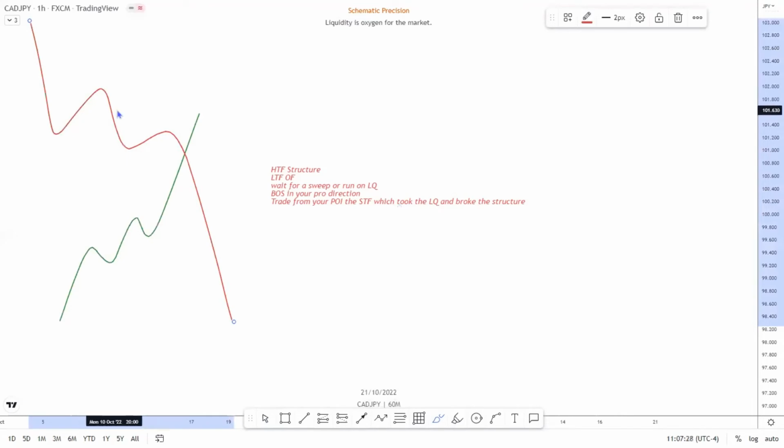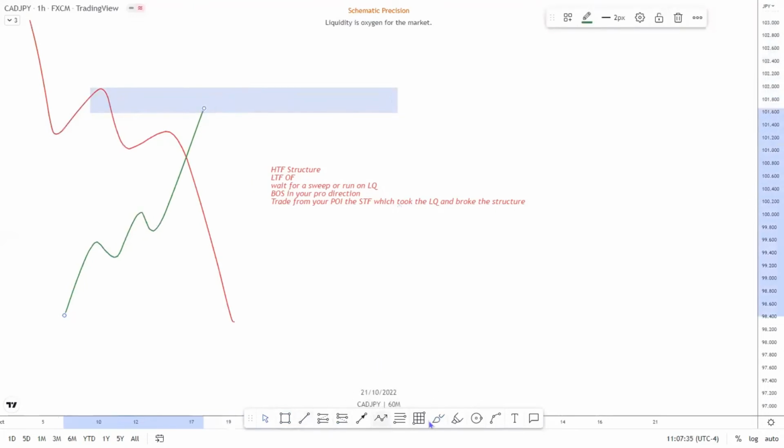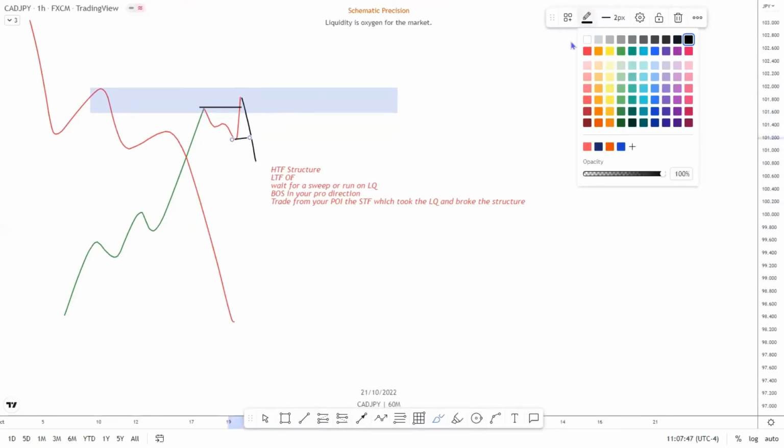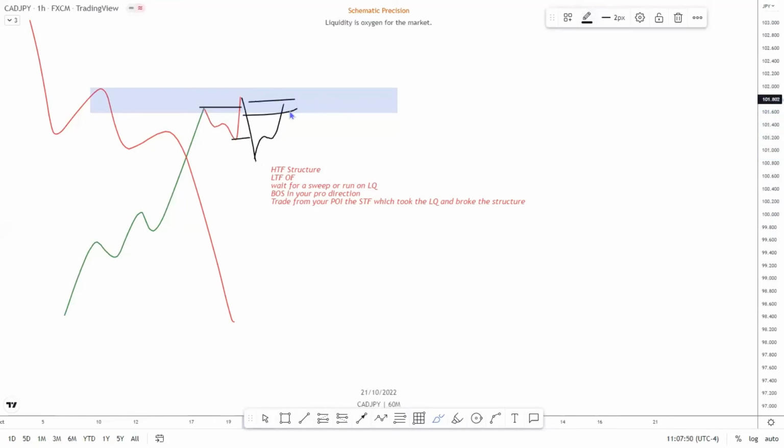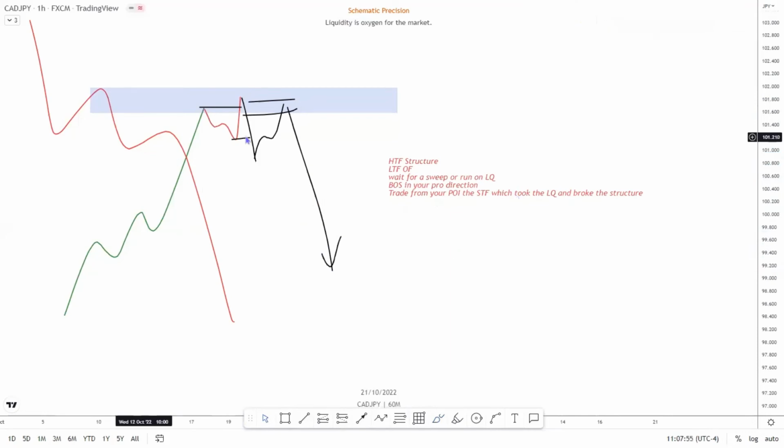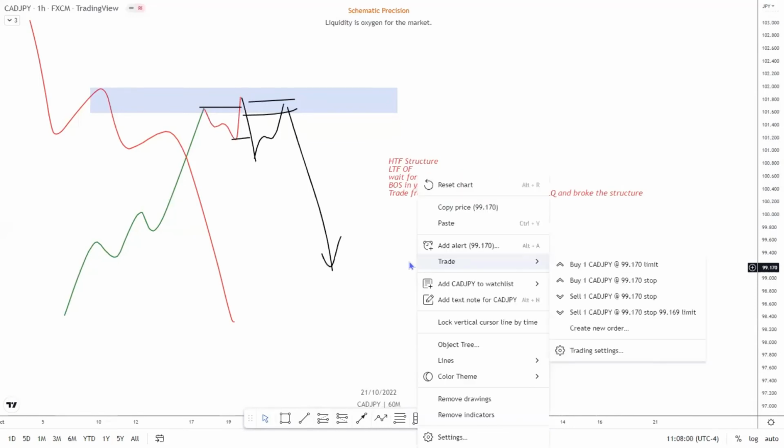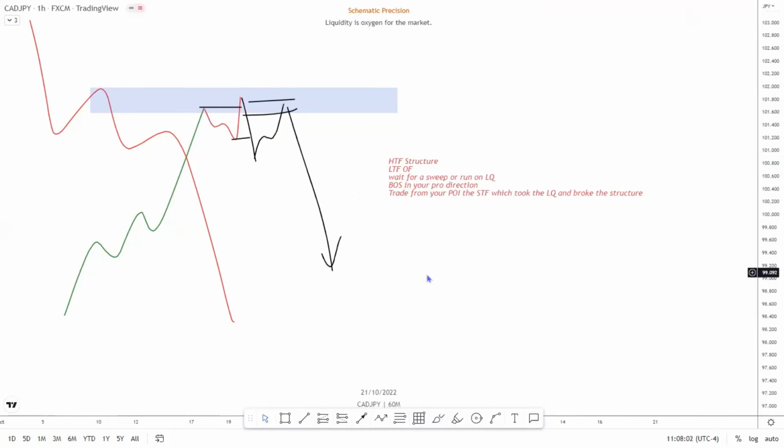So suppose this is your POI, wait for 15-minute to come into this POI, and then wait for some sweep to happen and a break of structure, then we will look for sells. That's all we have to look at. Hope you understand what I'm saying.